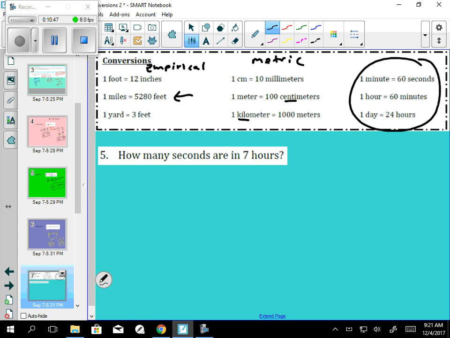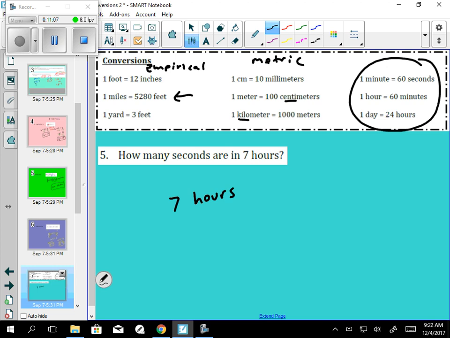How many seconds in 7 hours? When you are doing these, sometimes if you just know how to do them, go ahead and do the multiplying or dividing. If you get stuck though, one way you can do this is to write out what you start with and then multiply by the conversions.